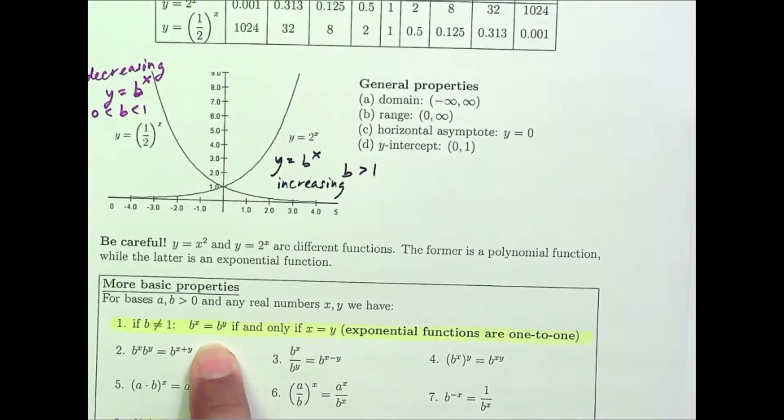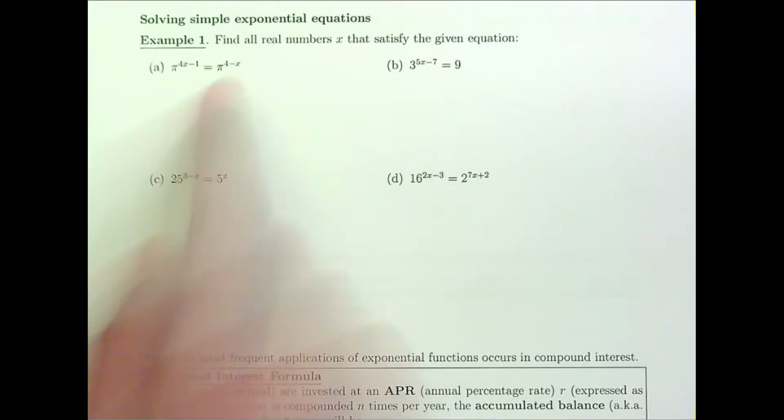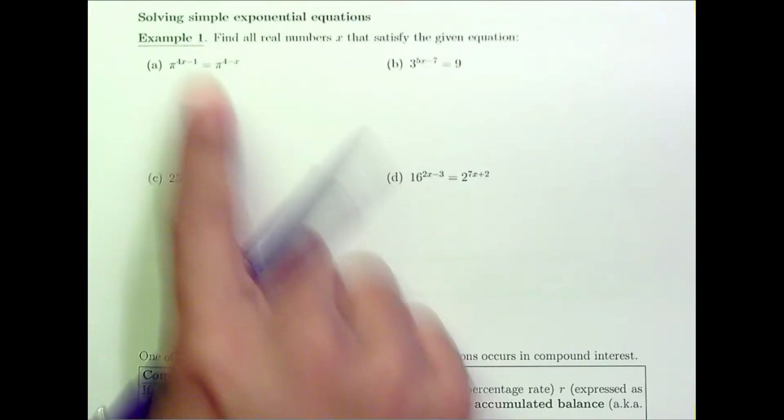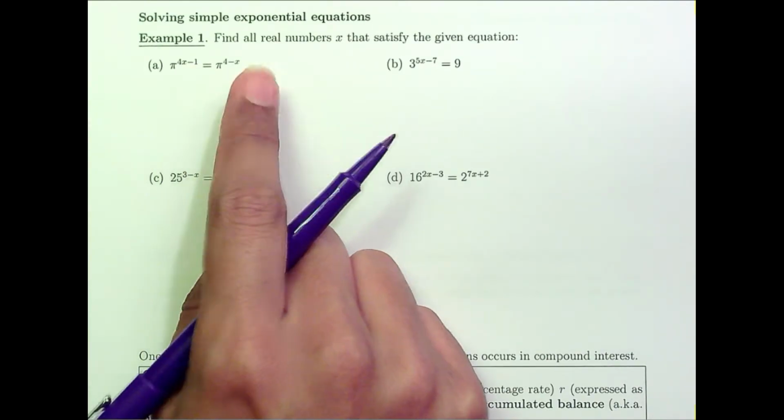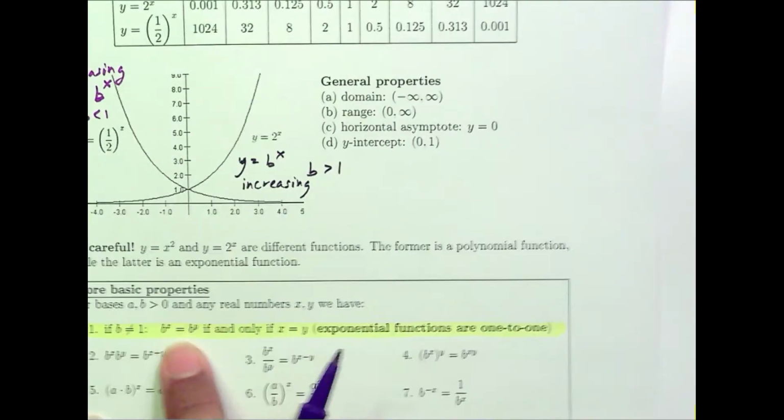This property that we're going to use here works for all bases regardless of what the base is. In particular, it works when the base is pi. Now, this function is injective, and we have b to the something equals b to the something else.